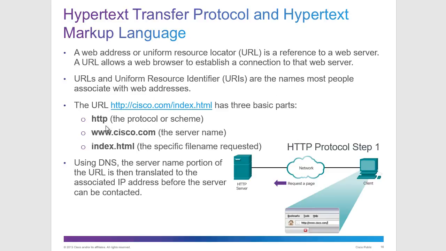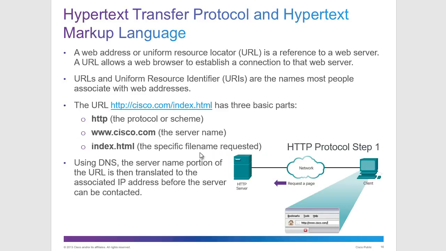You've got the protocol or scheme, which would be the HTTP, or sometimes HTTPS. Server name, something.com, .org, .net, something like that. And then the specific file name requested, which you don't even typically type in yourself. That index.html would typically be your home page for that specific website.